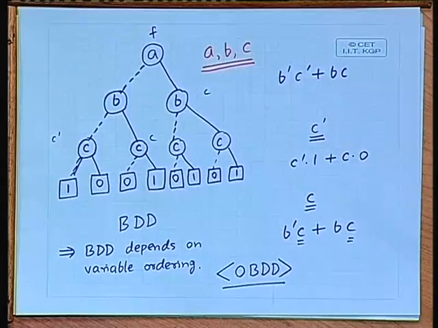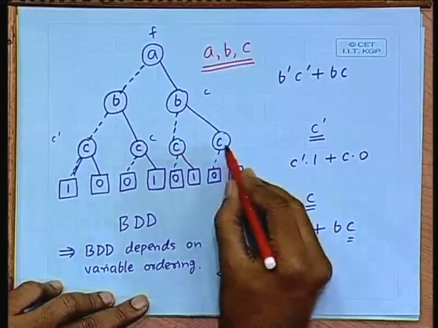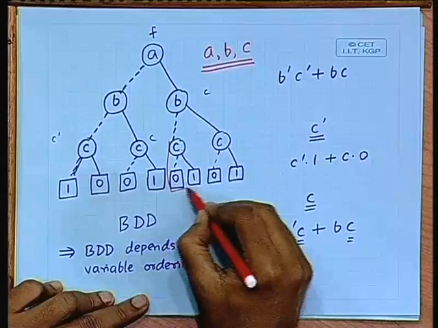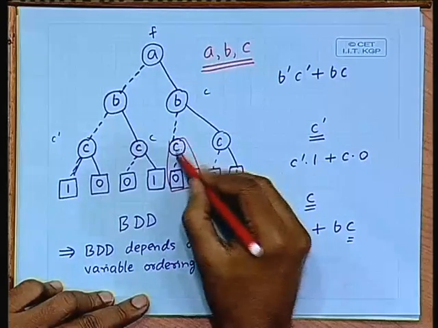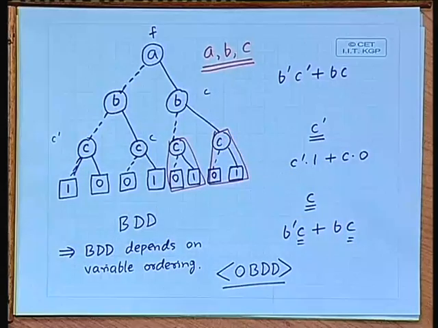One thing we can see, these two nodes, they are identical, you see, these nodes and their child, they are identical.